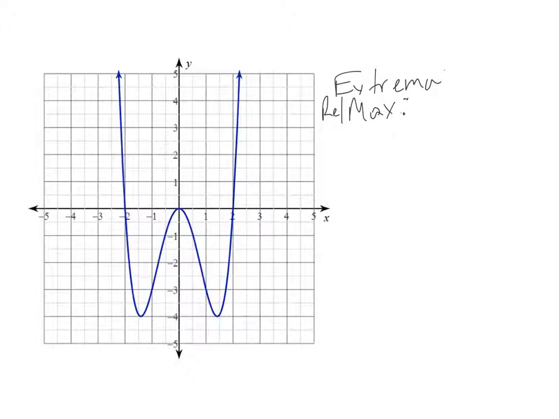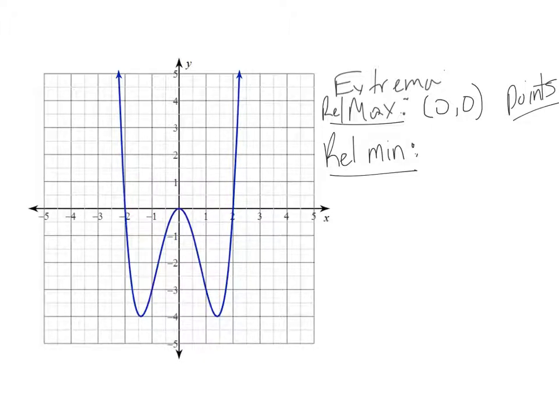It's not a real max because it goes up forever. So the only spot that is a relative maximum is right here. The rest of these go on for infinity, so it's not. Now, what is that point? Well, that point is (0, 0). So with relative max and relative min, we list points. These are always points.